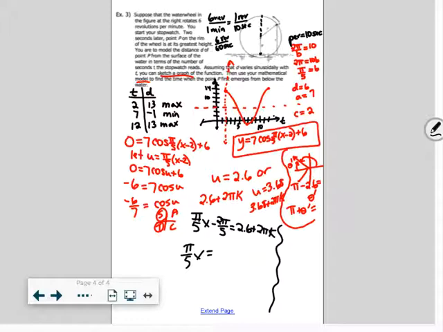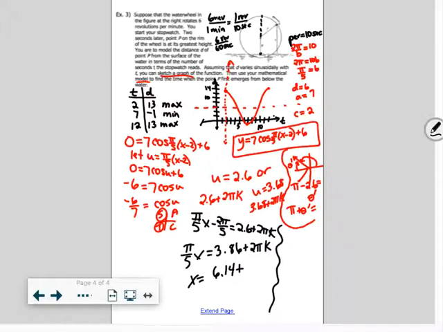So I'm going to take my 2.6 and just press plus 2 pi divided by 5, and are you getting about 3.86 plus your 2 pi k? And then I'm going to take that and divide by pi divided by 5, and that's 6.14.